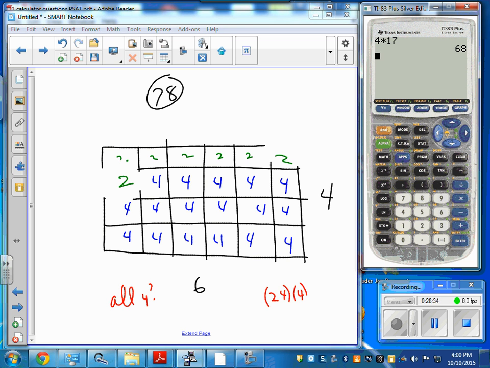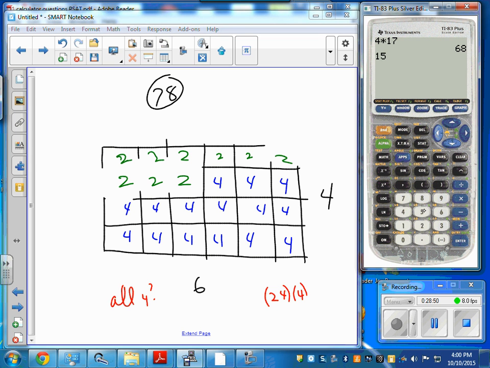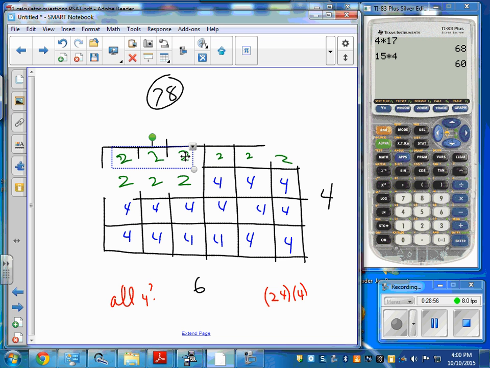Let's see. 1, 2, 3, 4, 5, 6, 7. Nope, not there yet. So let's take these 4 students and divvy those up into 2 boxes, and let's see if that works. Now we have 15 times 4. That's 60. And then 2, 4, 6, 8, 10, 12, 14, 16, 18.